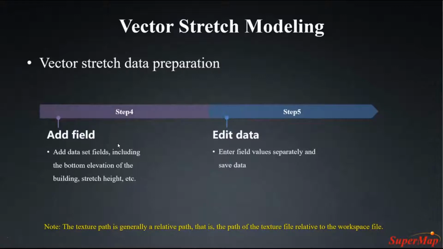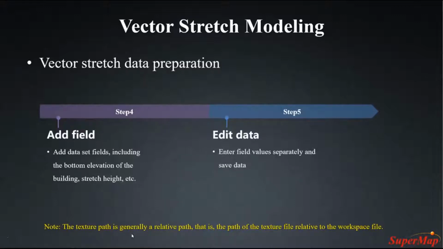So that is step 2, adding fields. And then you should edit your data and save your data. So that is the 5th step. And for the texture, you should pay attention to this.